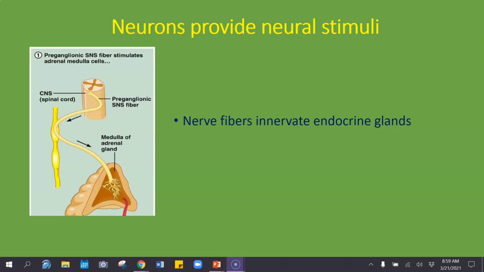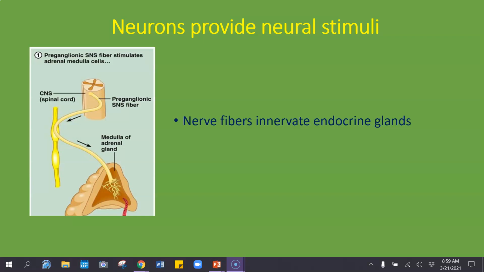And this is simply a stimulus that comes from a neuron when a neurotransmitter stimulates the release of a hormone. And what we're seeing here is the preganglionic sympathetic nervous system fiber leaving our spinal cord. It's traveling through the sympathetic chain, and it synapses in the adrenal medulla of the adrenal gland.